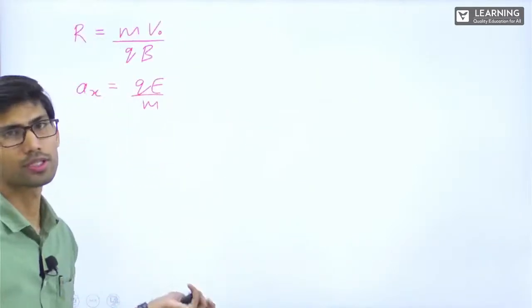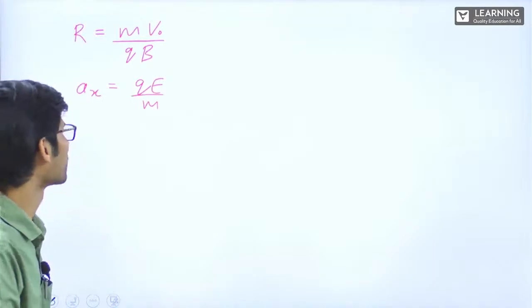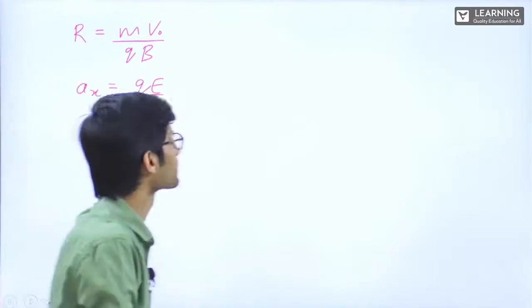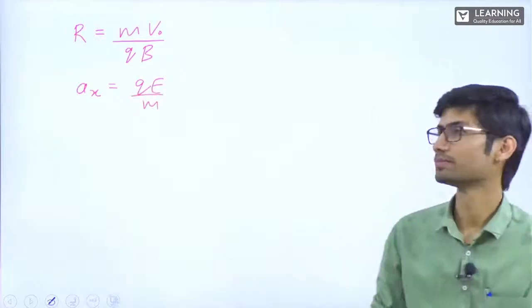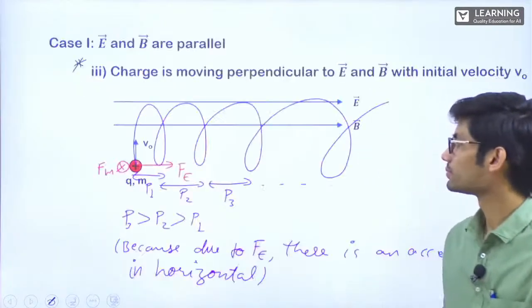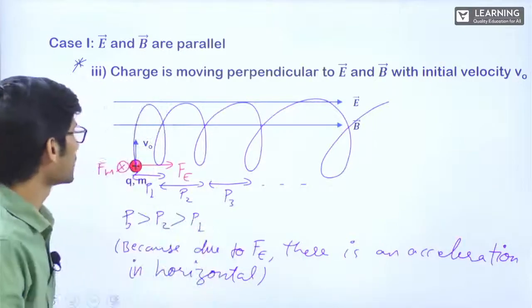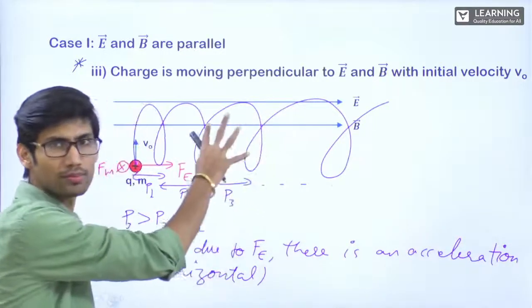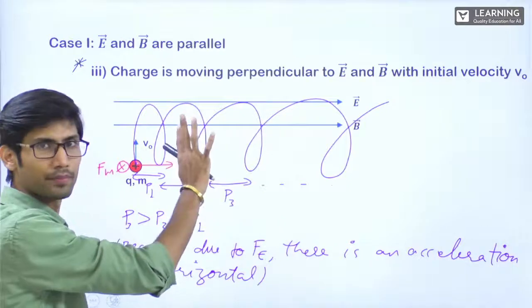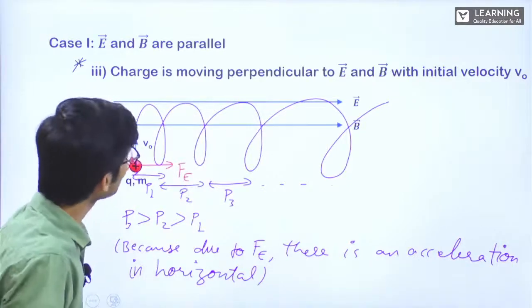For pitch, you can use s is equal to ut plus half at square. The same. Understood? So now any question if they ask on this, you can find. Okay. Let's go further.